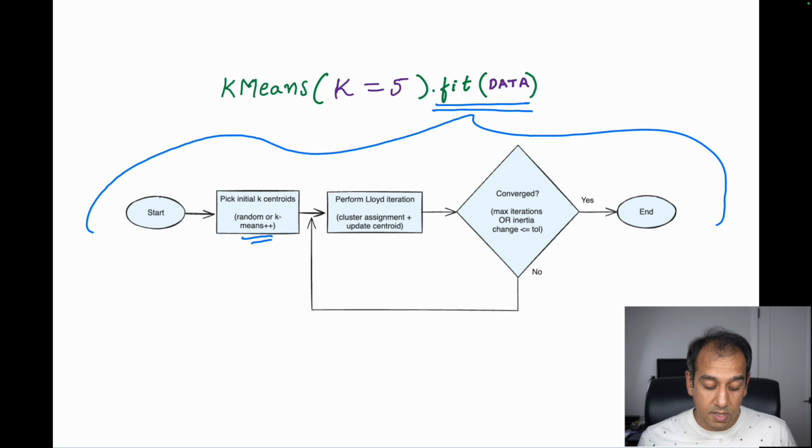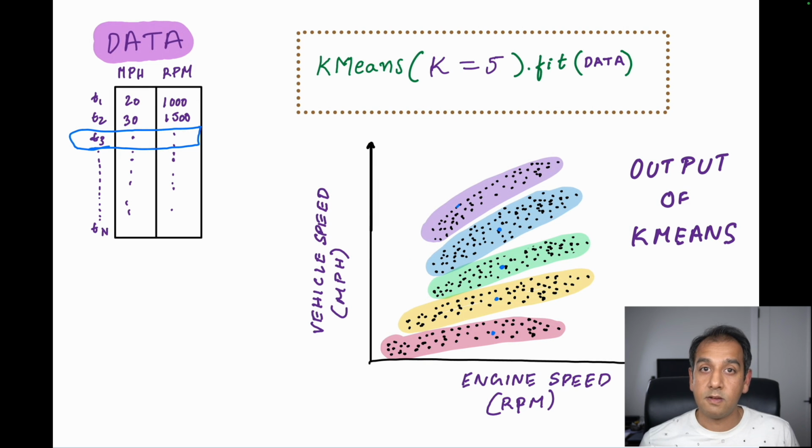Then you go through this iterative process. This loop will go through the process of updating the centroids with each iteration, called the Lloyd's iteration, in order to find the right set of centroids, and when the algorithm has converged based on some convergence criteria, you have the optimal clusters we see here.